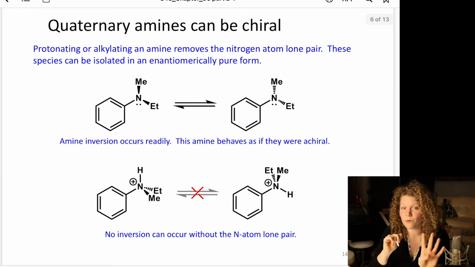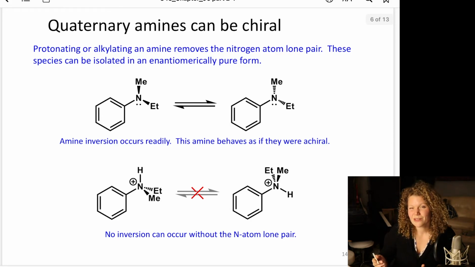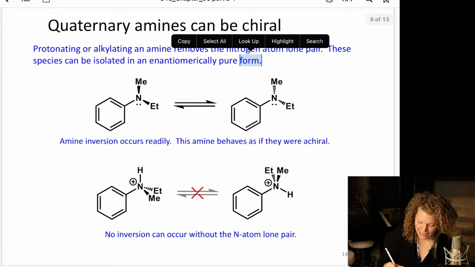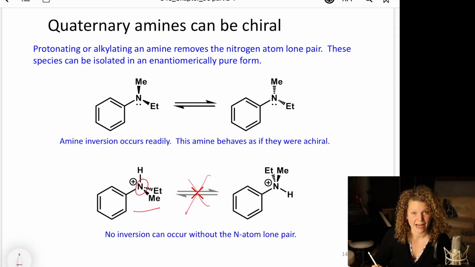Now, a nitrogen with 4 different things bound to it, no lone pair, can actually be isolated. We can do this by protonating this nitrogen here. So we have this lone pair, and if we protonate it, we'll end up getting this ammonium derivative. It's a nitrogen with a formal positive charge. This cannot interconvert, and so we can have nitrogen centers that are in fact chiral.